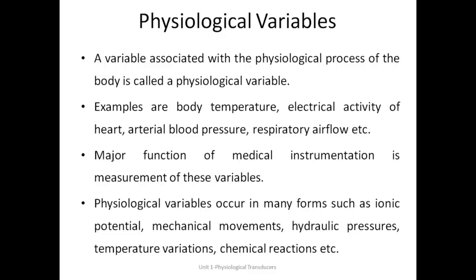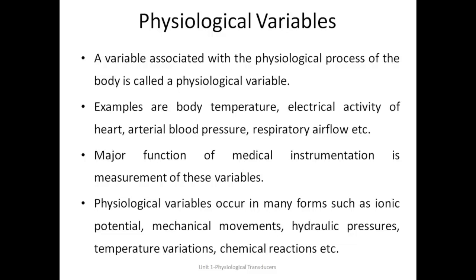Okay, like for example, blood pressure is a medical term that we talk of, but blood pressure changes might actually be giving rise to certain mechanical movements, certain pressure movements within our body. Okay, so these are the terms in which we are going to measure blood pressure.